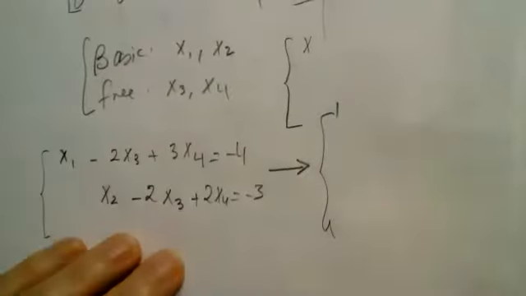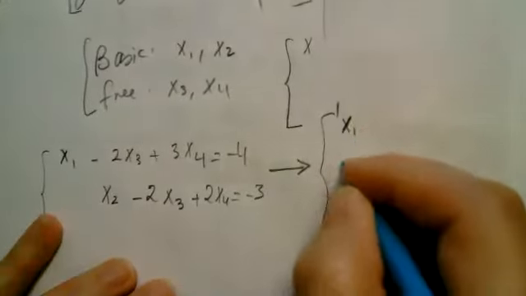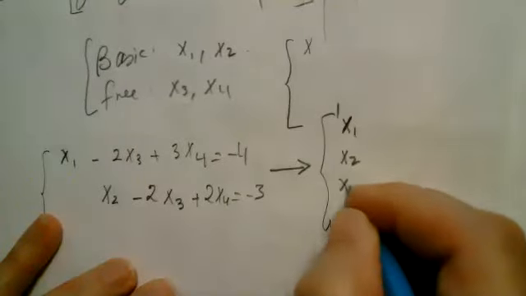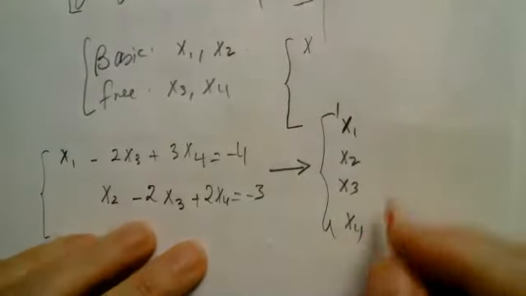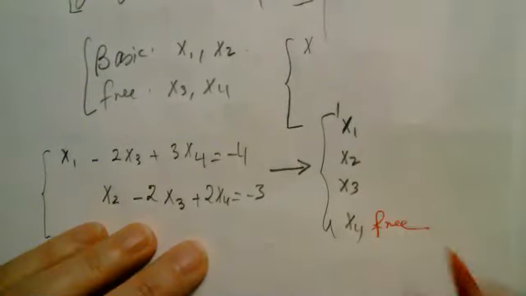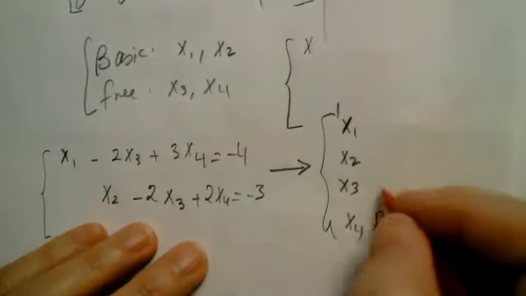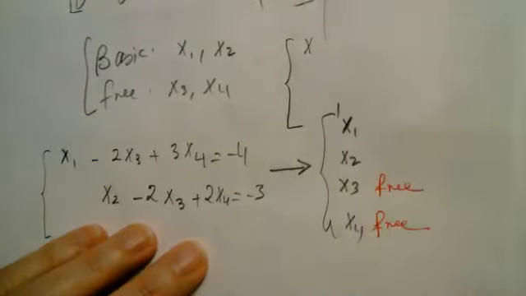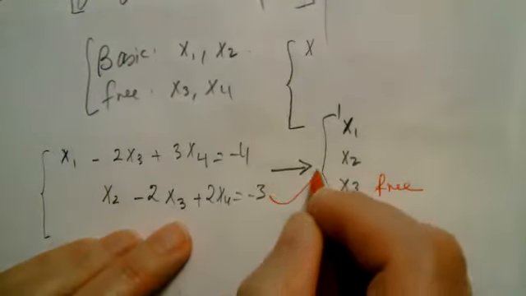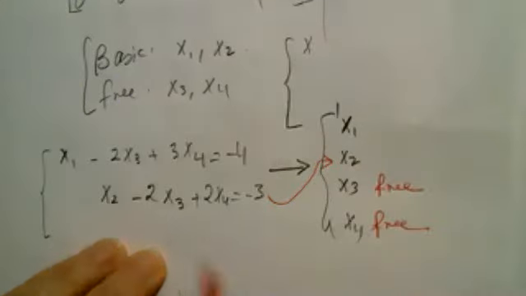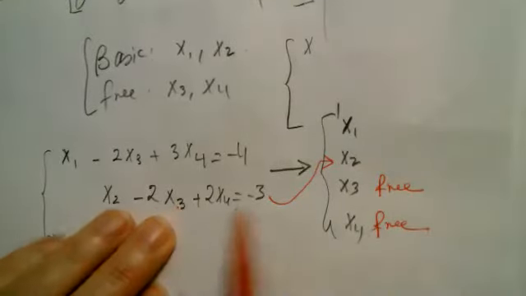Now how are we going to write the solution? x1, x2, x3, x4. x4 is anything I want. x3 is anything I want. x1 and x2 are constrained. So I'm using this equation to solve for x2. That's easy, I have x3 and x4.